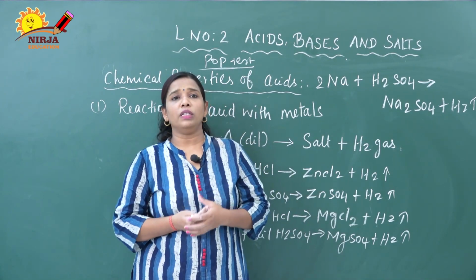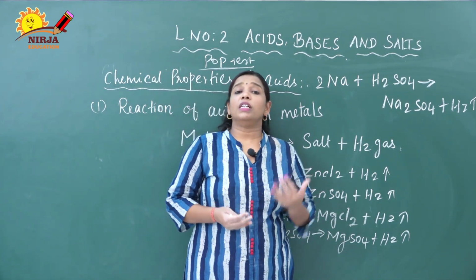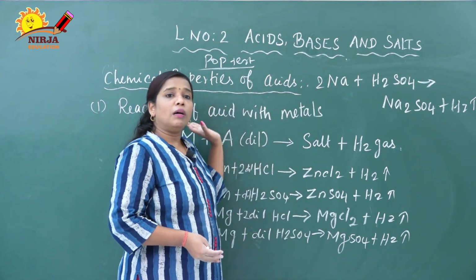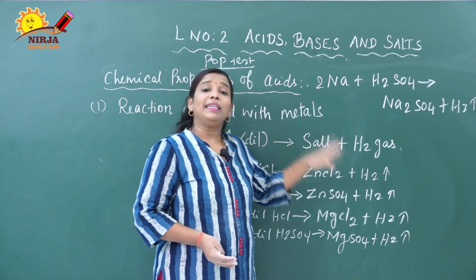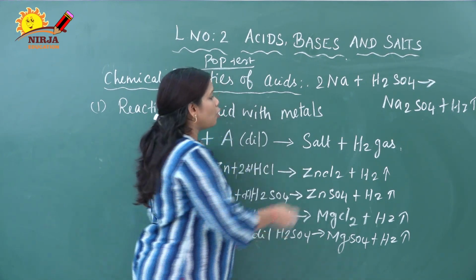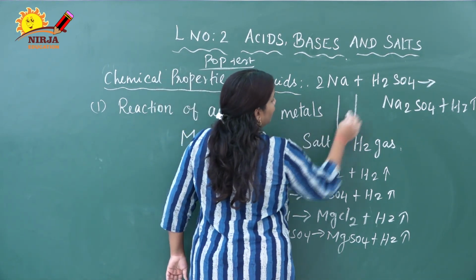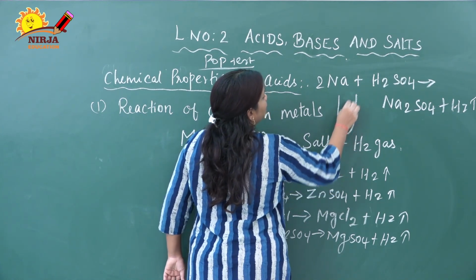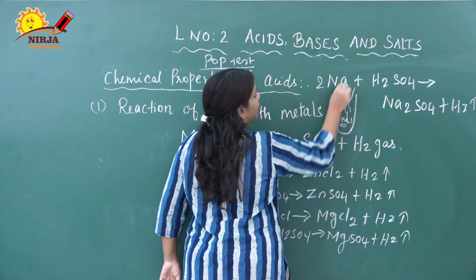How do we confirm? The gas evolved after the reaction of acid with metal can be tested by bringing a lighted candle near to it. Suppose you are taking a test tube, you are taking zinc granules and adding dilute HCl. The gas will be evolved outside. Right.